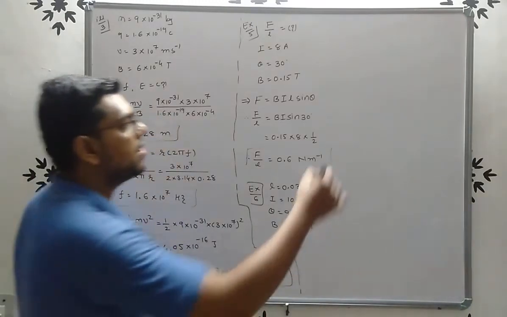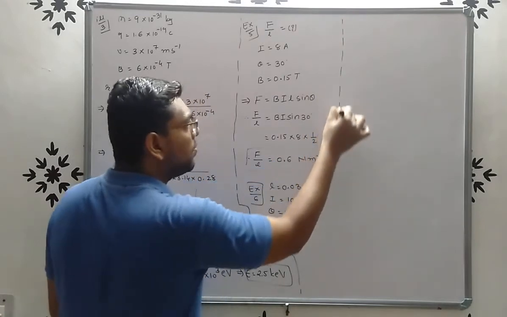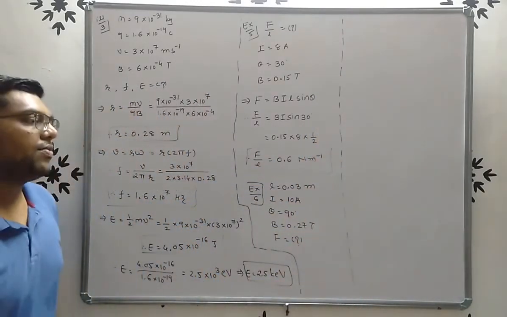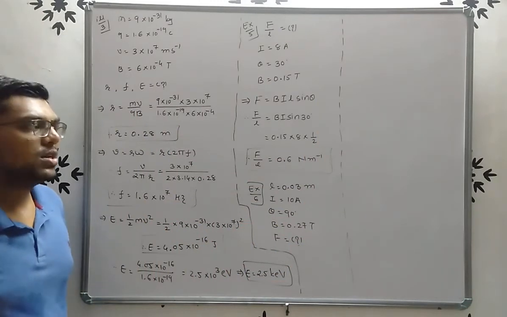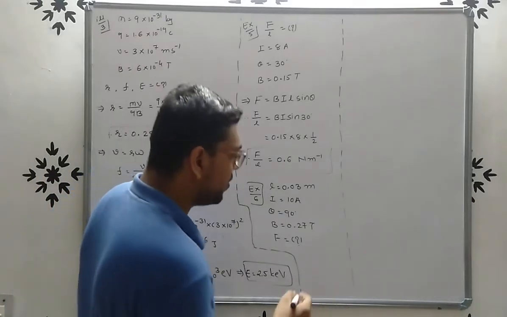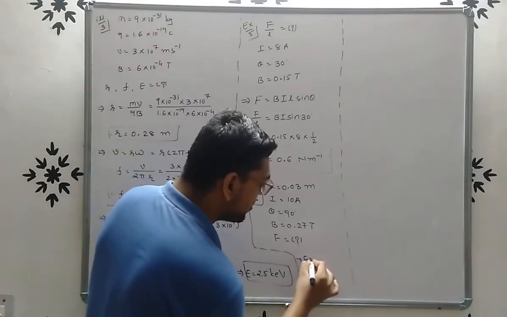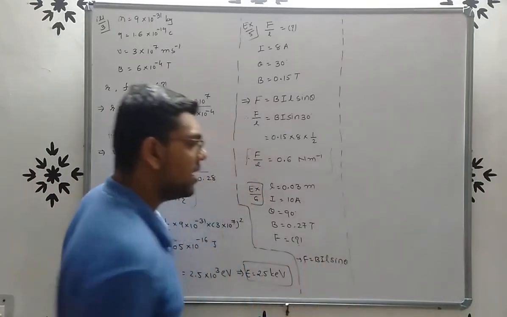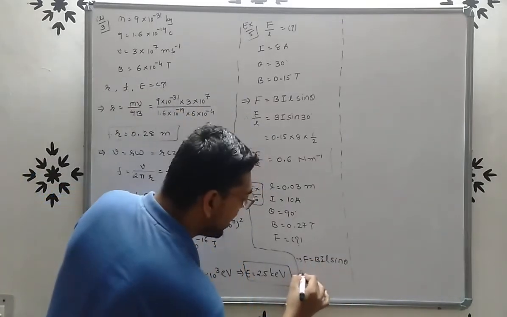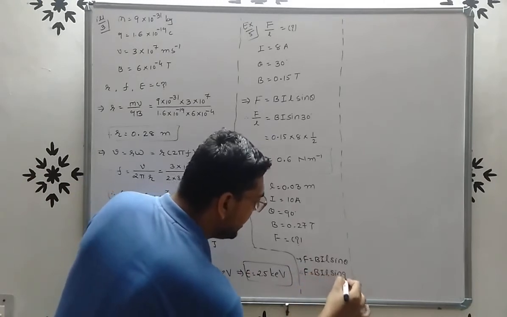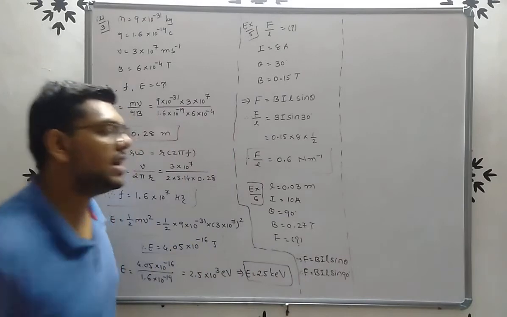So once again, we know the value of length, current, theta, magnetic field. We have to find out force. So once again, if there is a current carrying conductor, then the value of force F is equal to BIL sin theta, right? So F is equal to BIL sin 90 degree, because here theta is 90.